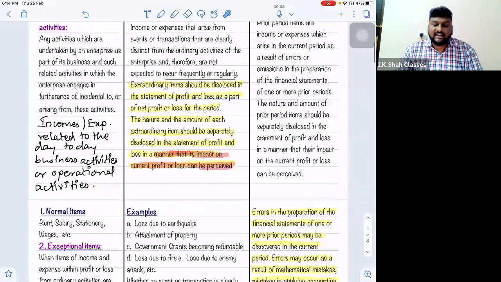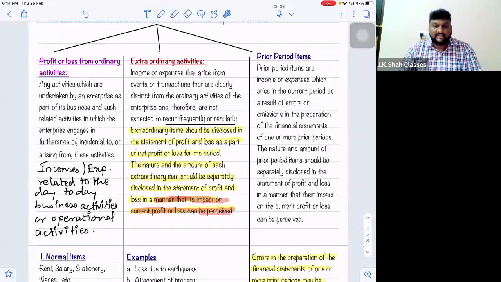That is the second classification of profit and loss account, that is with respect to extraordinary items. Now, sir, please understand. Extraordinary items are distinct or separate from your operational activities. Means it is nowhere related to your day-to-day business activities, and they are non-recurring in nature.